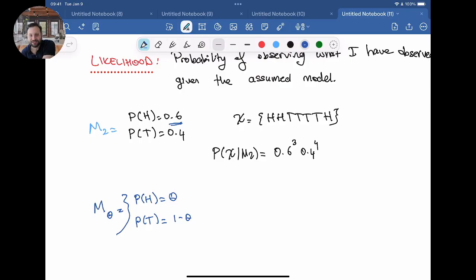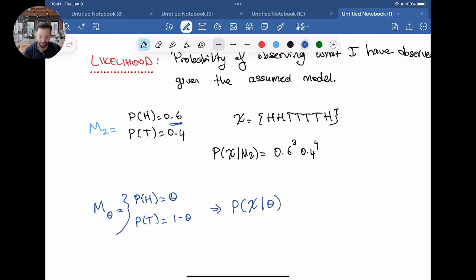Now all of a sudden I have a model for which I can write the probability. Instead of writing the model, all I'm trying to find is theta. Theta is descriptive of the model that I'm trying to find. So now I can talk about the probability of the data given theta.